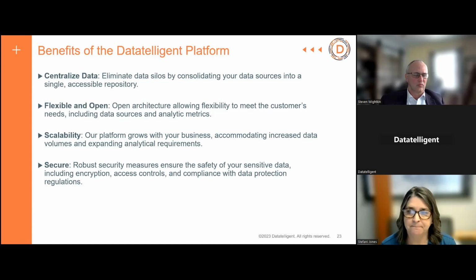Yep. One other question, the last one, is does Datatelligent take care of the ongoing maintenance of the warehouse? Is there an additional cost? Yeah, we didn't get into it much, but we do things via a subscription model. People subscribe to our services.